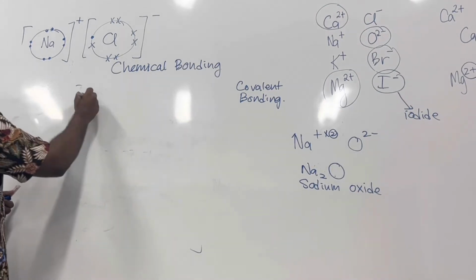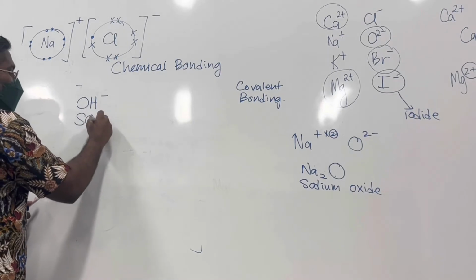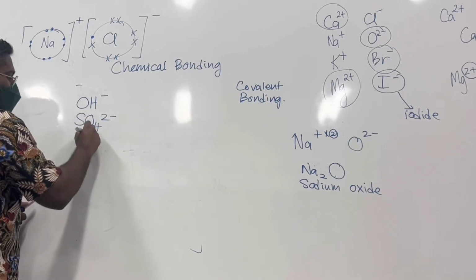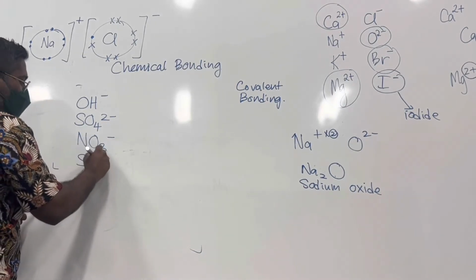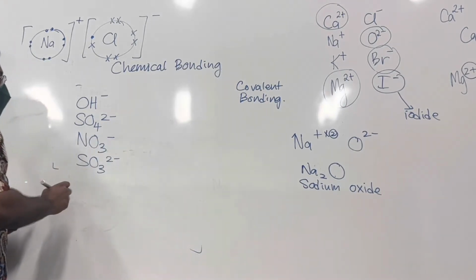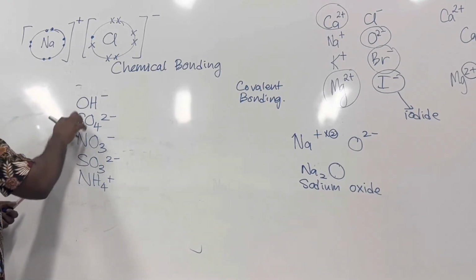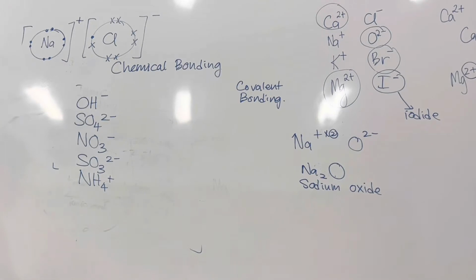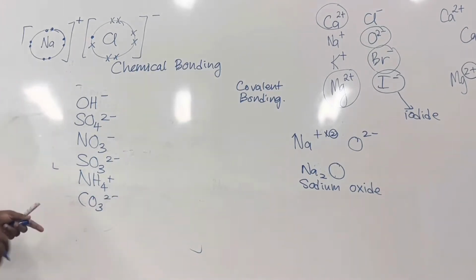OH-, SO4 2-, NO3-, SO3 2-, NH4+. 1, 2, 3, 4, 5. One more. What did I miss? Carbonate. Okay, good. CO3 2-. All these are the ions that I told you to memorize.